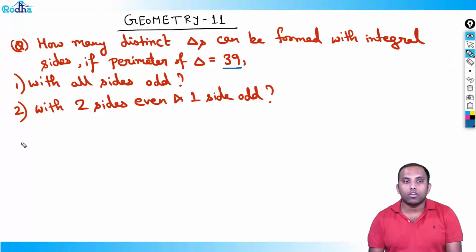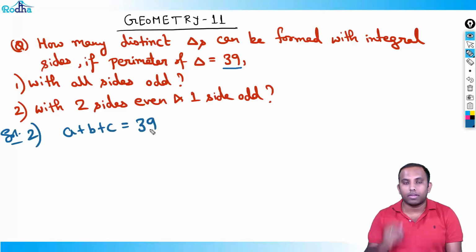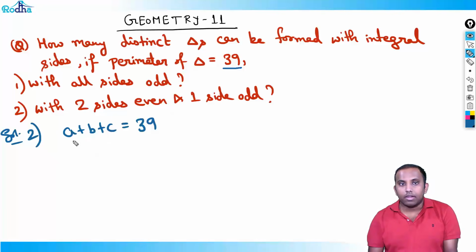In this question, now again a plus b plus c is equal to 39, and understand this concept here. This 39 is odd.